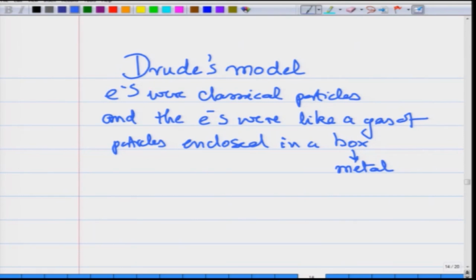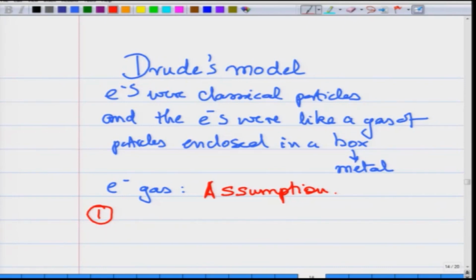Now, to describe the properties of this electron gas, he came up with a few assumptions, which are the cornerstones of this Drude's model. So, let us discuss the first assumption of Drude's model.